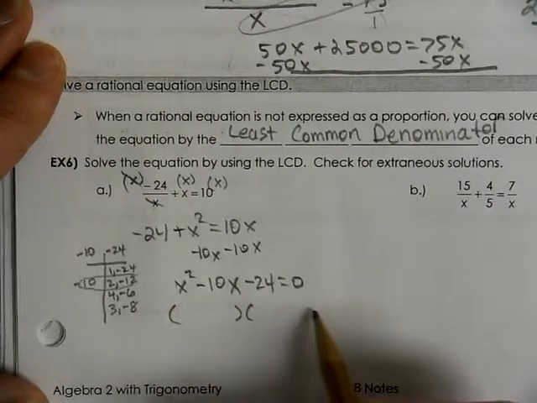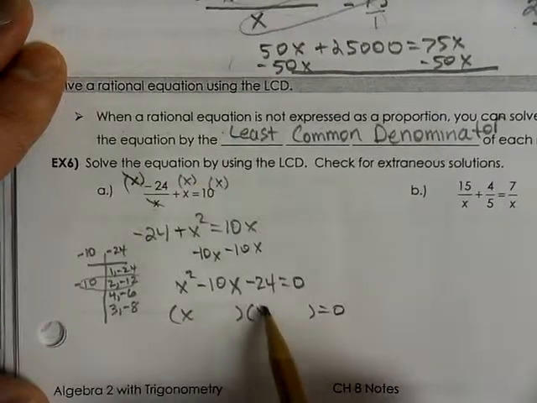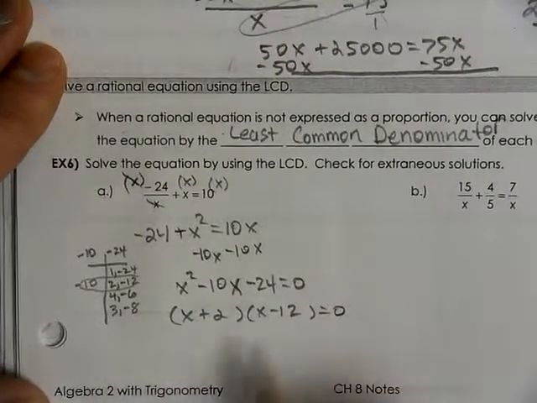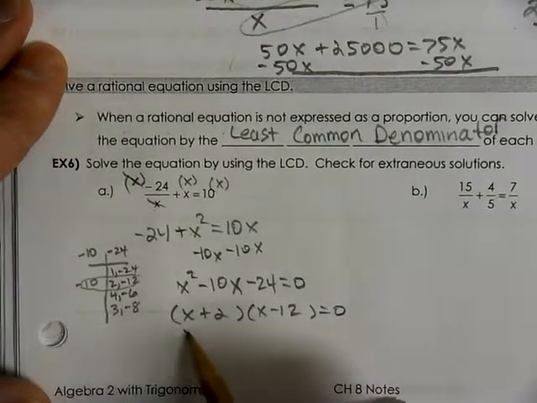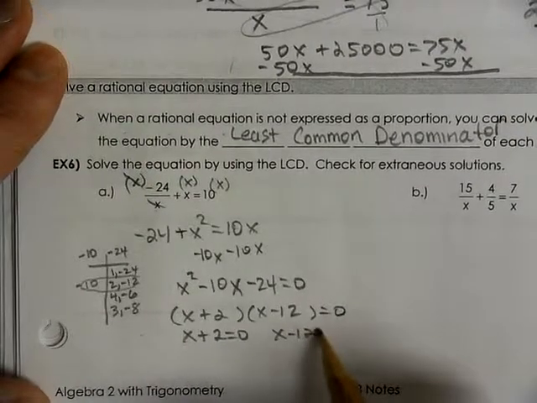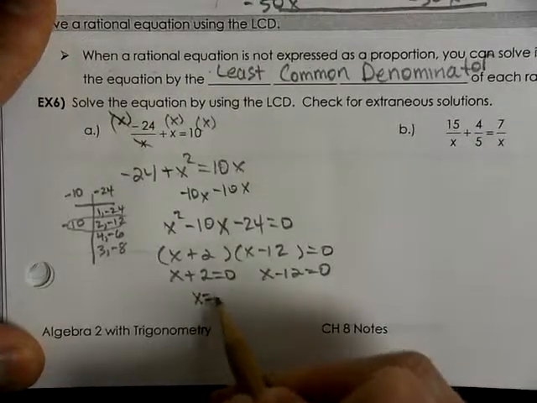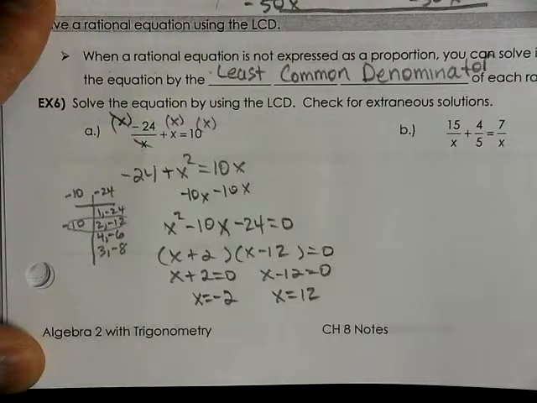So we know, because this is a leading coefficient of 1, we can just drop the positive 2 and the negative 12 right inside our parentheses. So then we'll use the zero product property to get x equals negative 2 or x equals 12.